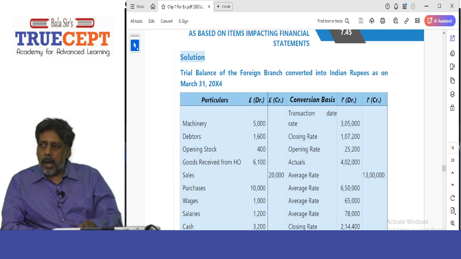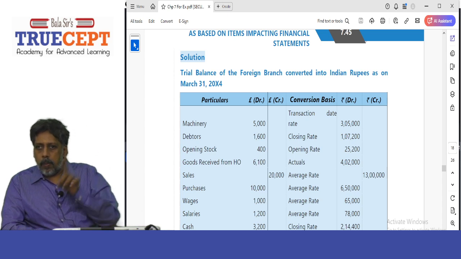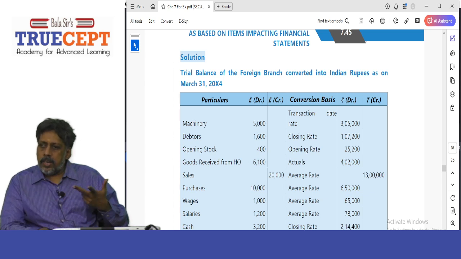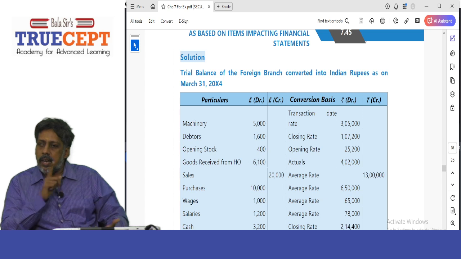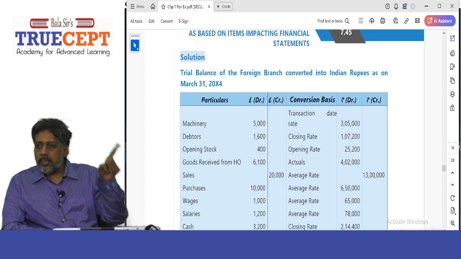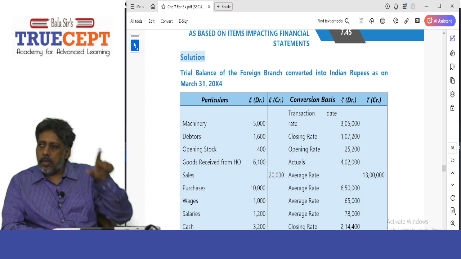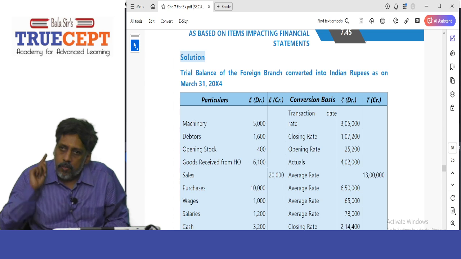Now, please remember, whenever it's an integral foreign operation, the rule is very simple. Your monetary items, for example cash, debtors and creditors, will be translated into your reporting currency using the closing rate of exchange.